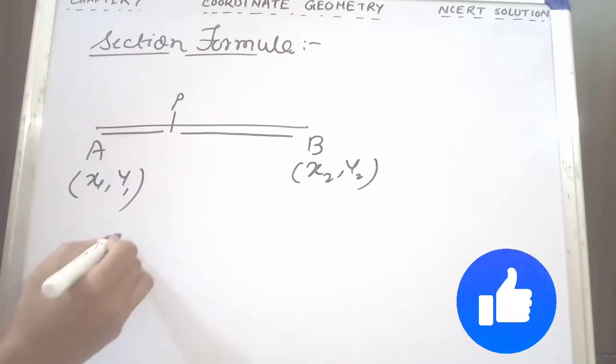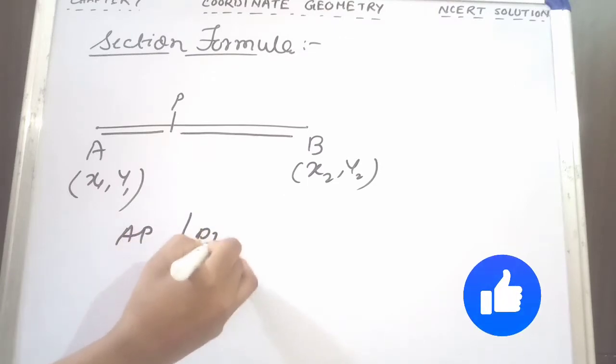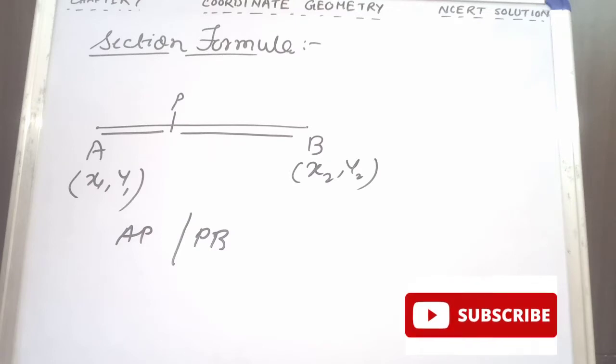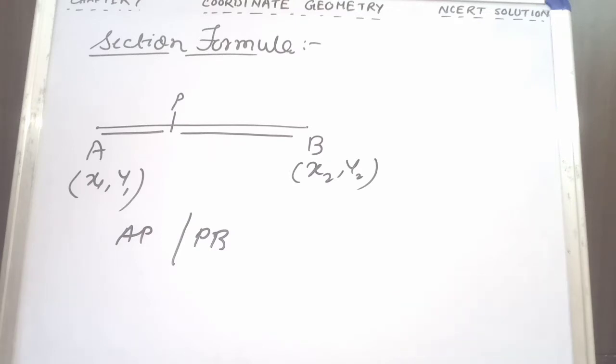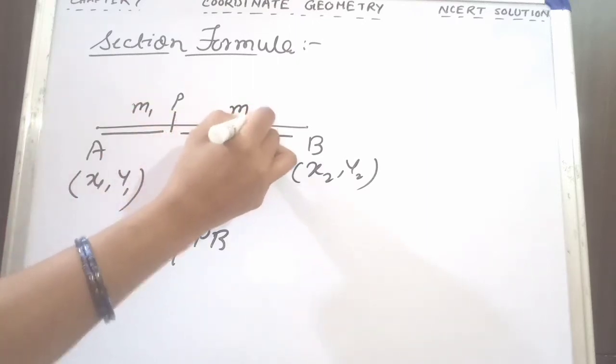Here the first section is AP and the other section is PB. Let us assume that the point P divides this segment AB in the ratio M1 is to M2.